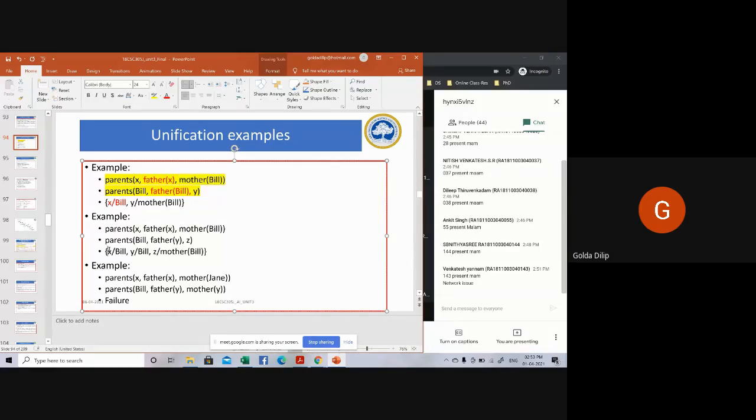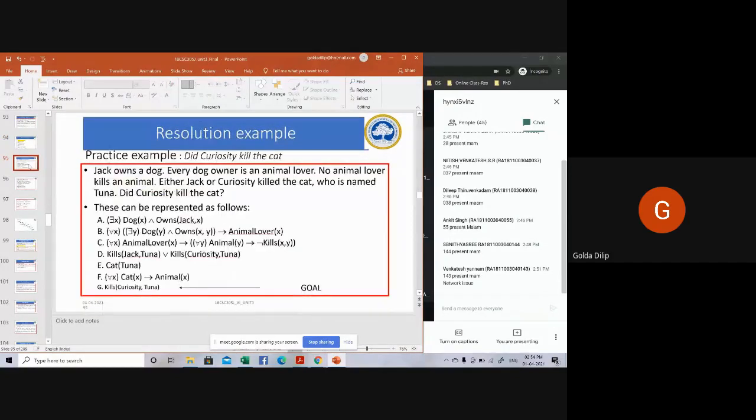So x is replaced with Bill, then father of x is replaced by father of y. Since x is already replaced with Bill, it becomes father of Bill. So z is replaced as mother of Bill. Fine. That's an important concept which comes into picture when we draw the refutation proof tree. Now we'll look at an example.